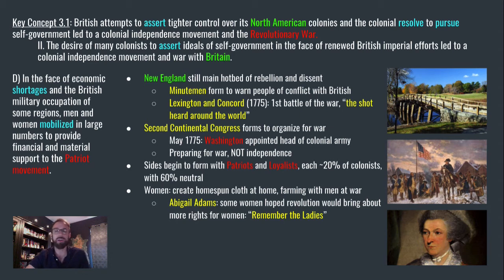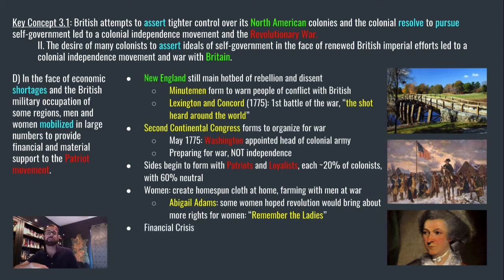She said, you're working on this revolution, you're trying to bring about change, why not change life for us as well? Because not everyone has our type of relationship. She has another line in the letter that says, all men would be tyrants if given the chance. She says, remember the ladies, we're 50% of the population. So guess what? They didn't remember the ladies. We'll get to that at a later point.